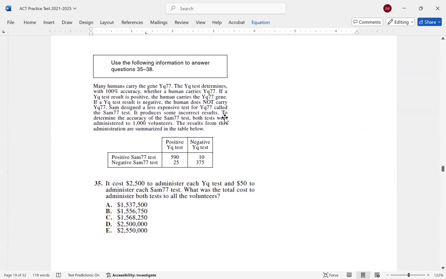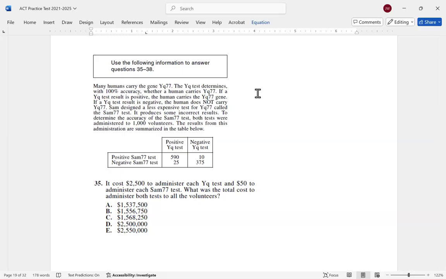When doing questions 35 through 37, we're going to use the following table. So I'm going to read off what's happening on that table and then start doing 35, 36, 37, and 38. The preface is many humans carry the gene YQ77. The YQ test determines with 100% accuracy whether a human carries YQ77. If a YQ test is positive, the human carries the gene.